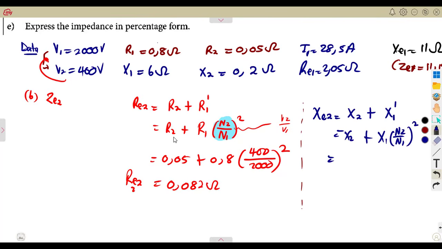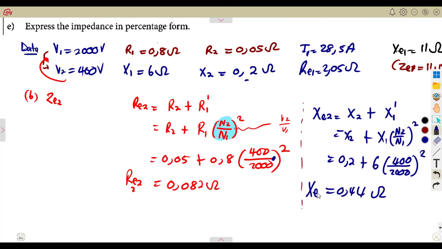Or X2, 0,2 is given, plus X1, which is 6, into 400 over 2000 to the power of 2 from the voltages that we had. That was going to give us 0,44 ohms. So that is our XE2.